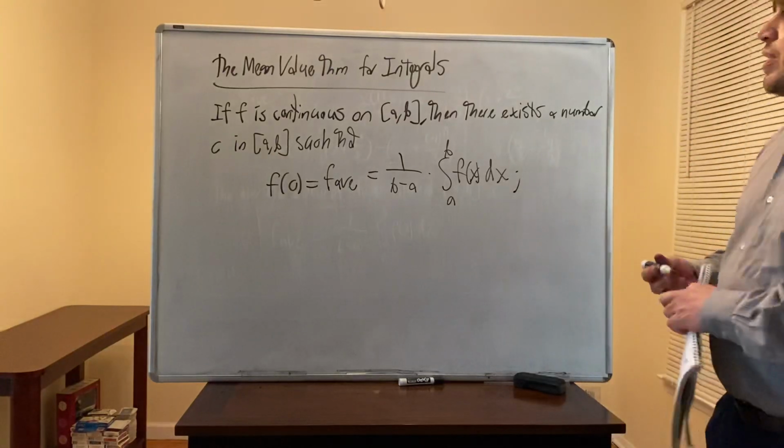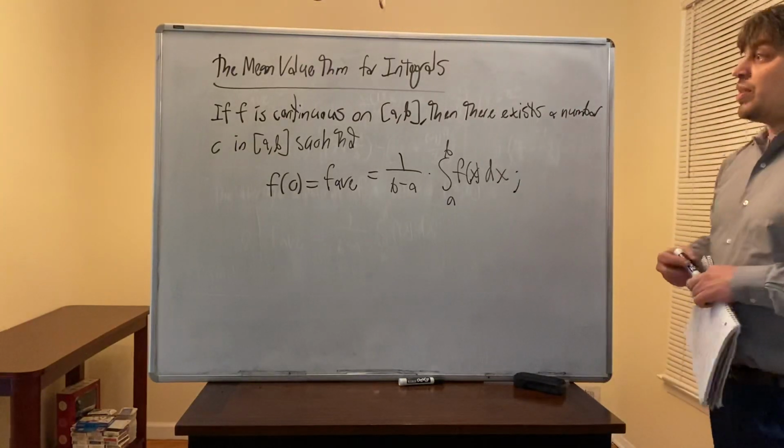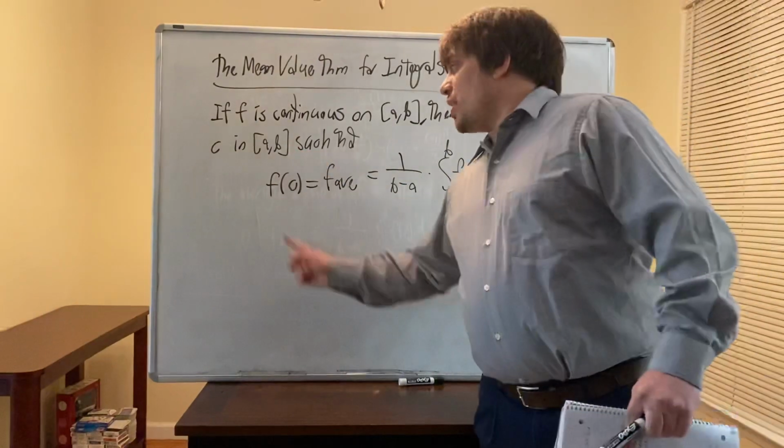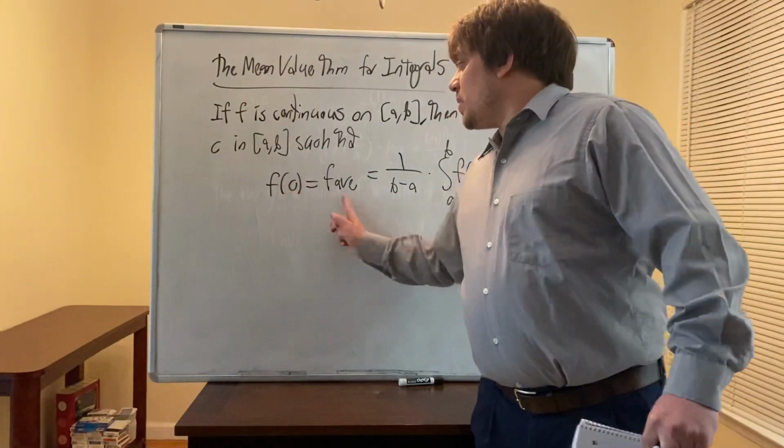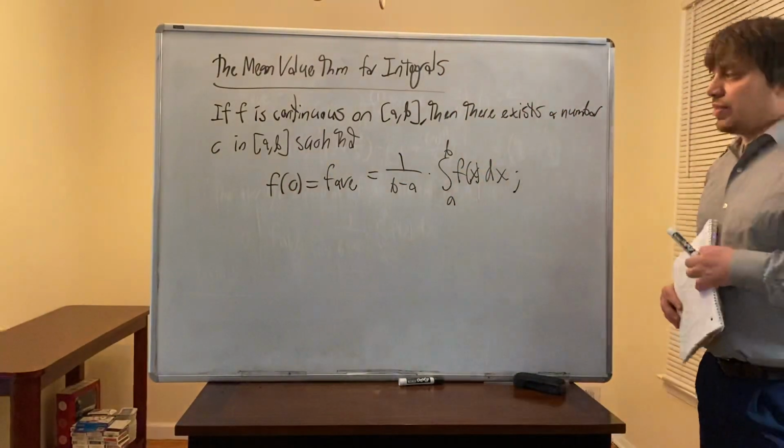So if f is continuous on a finite closed interval, then there exists a number c in that interval such that the value of f at that c is the average value on that interval.